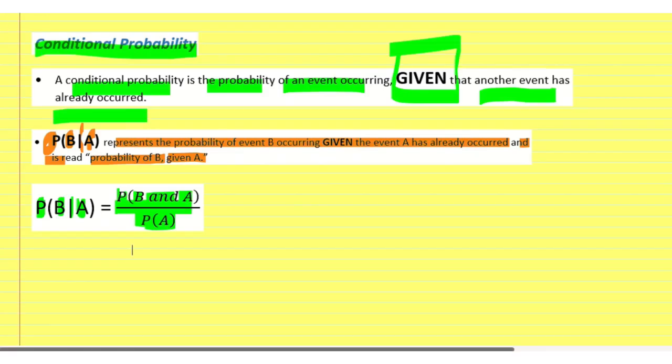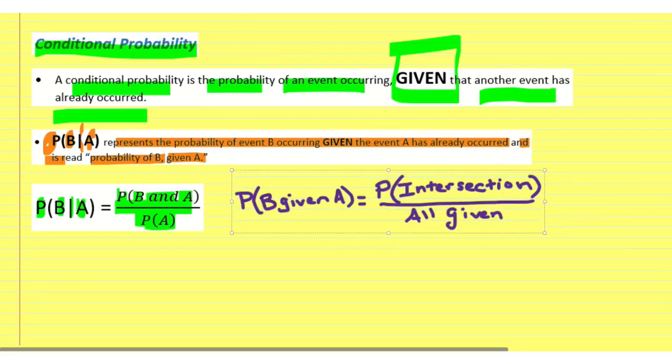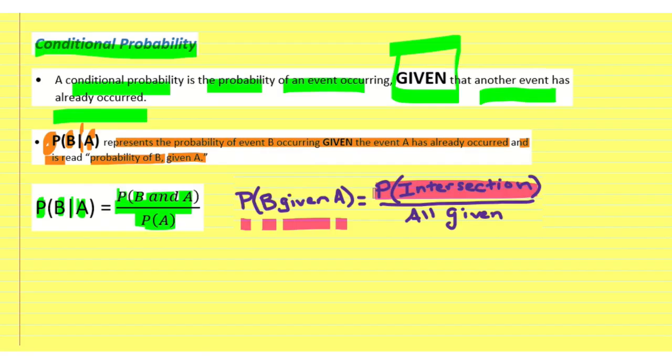But a practical way to think about that is like this: the probability of B given A is equal to the probability of the intersection of those two events. You might also think about it as the overlap of those two events, where both are occurring at the same time.